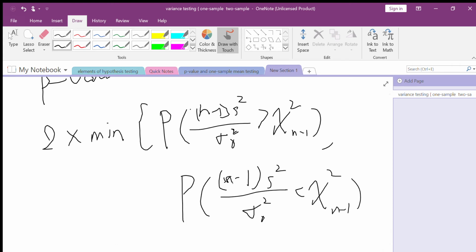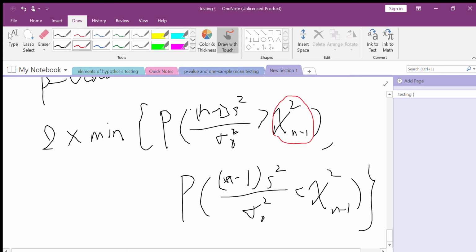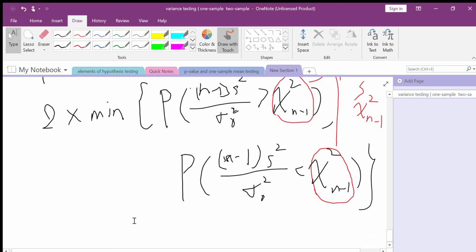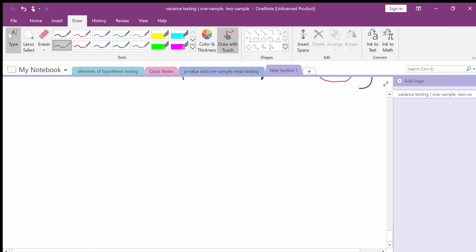Again, let me repeat: both of these are random variables following chi-square with n minus 1 degrees of freedom. So this is the p-value.